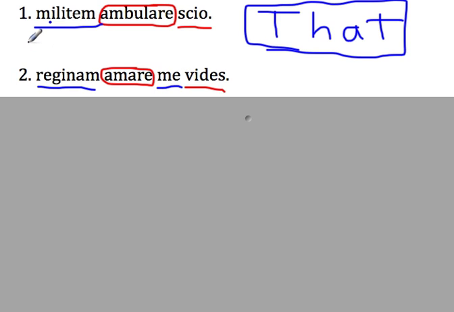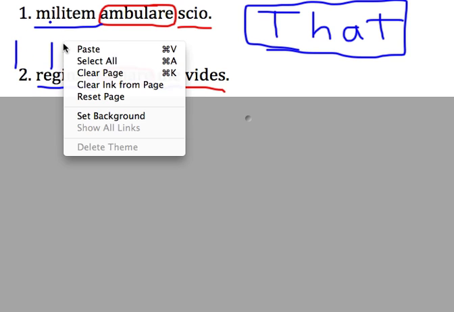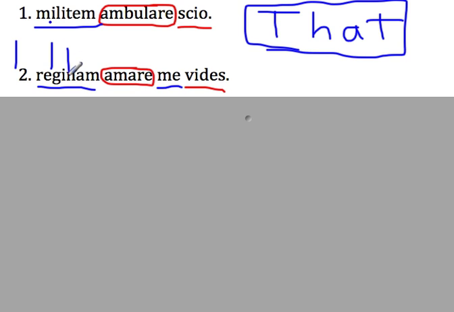So, here's what makes an indirect statement. First of all, indirect statements have what I will call, this is weird, a head verb. A head verb is any verb that describes an action that you do with your head.